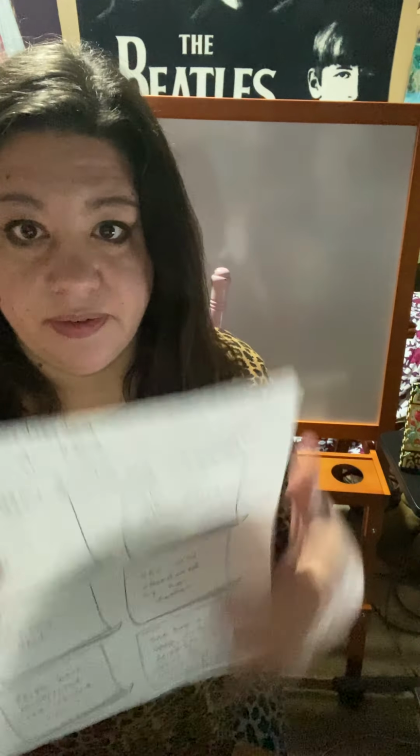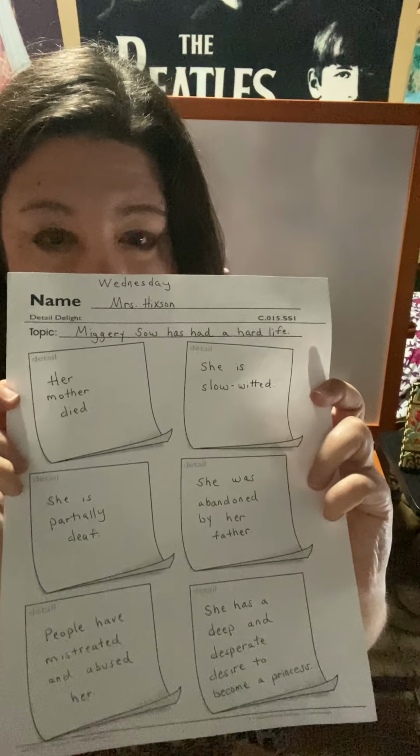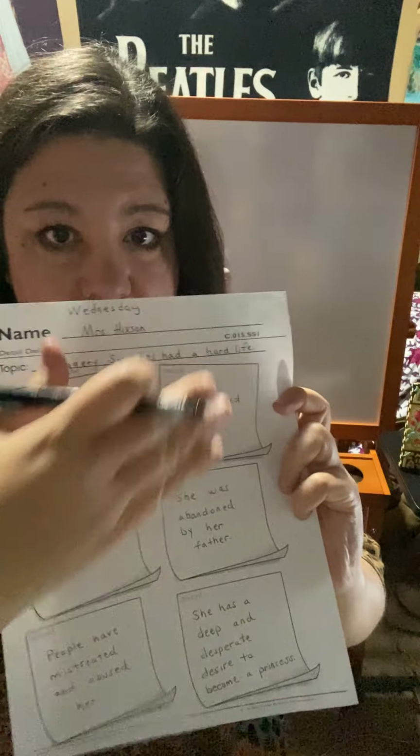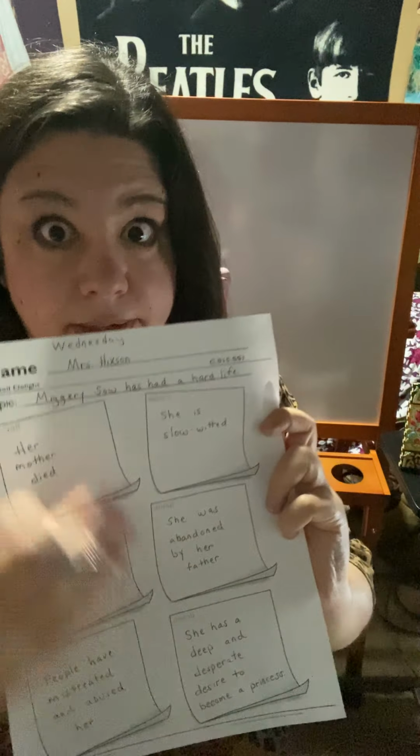And so I chose a different topic, but from the same book, for this other graphic organizer. This one just has you write the topic up here and then all the details, and there are six of them they want you to come up with to support that topic.